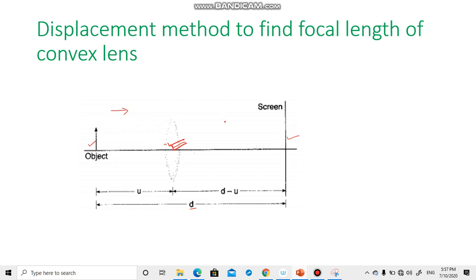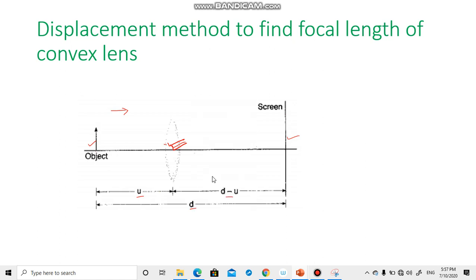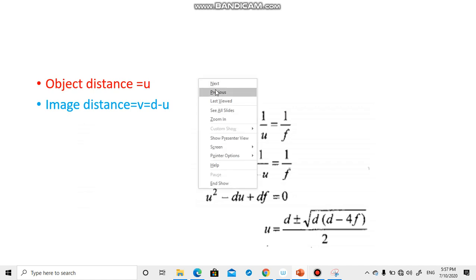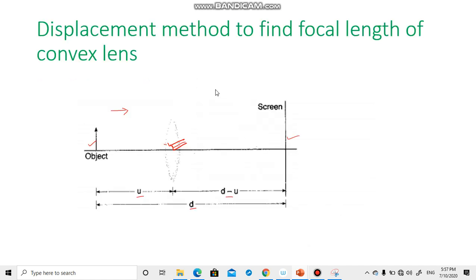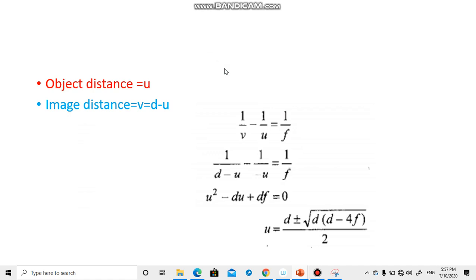This can be proved. Let us say the object distance is U, and because the image is formed on the screen, the image distance will be D minus U, because the total distance is D. So this is what we have written here.